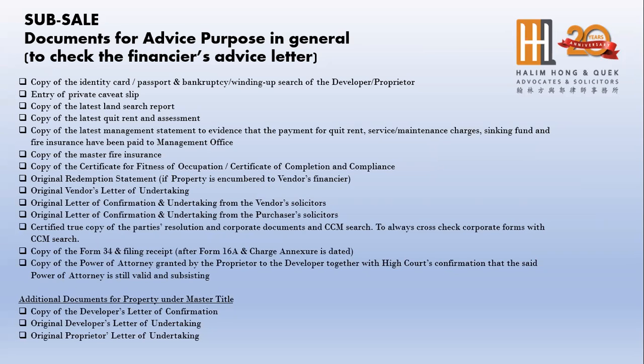Another thing to remember: if your property is under master title and there's a proprietor and a developer, you have to see whether there's any power of attorney granted by the proprietor to the developer. If there is, you also need to do a search on the power of attorney at the High Court, to see whether the power of attorney is still valid.